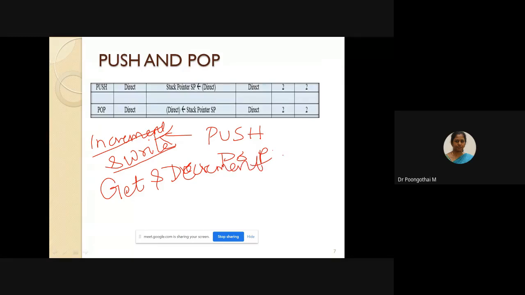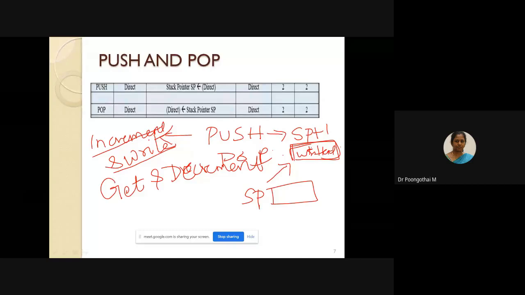During the execution of push, the stack pointer is incremented by 1 and the particular data is written in that memory location. Similarly, in pop, it will first get the data from the currently pointed memory location, and after that the pointer will be decremented.